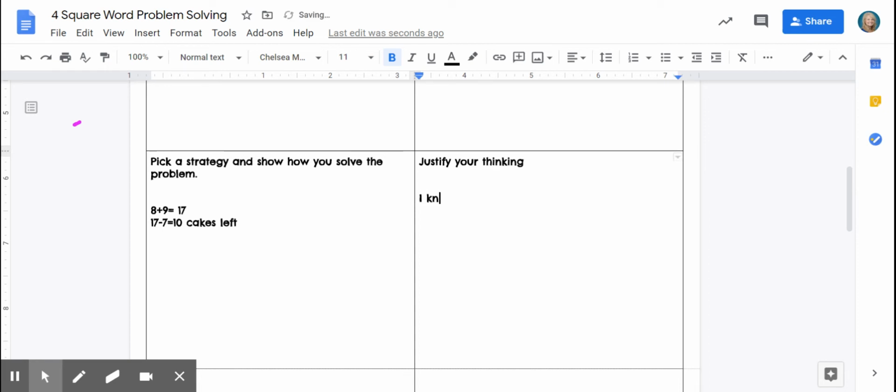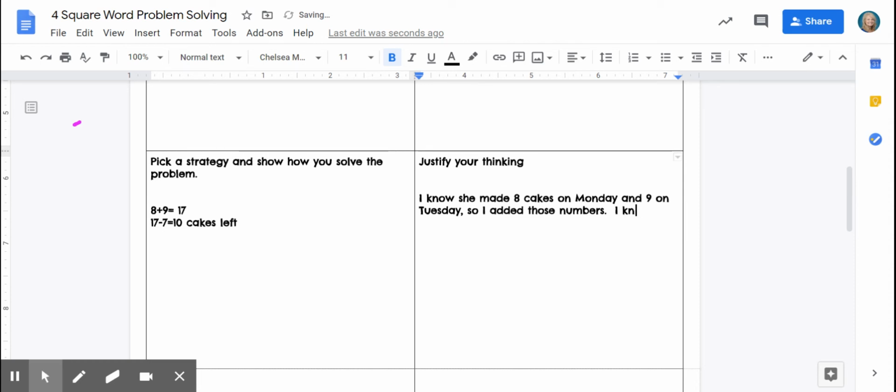Well, I know she made 8 cakes on Monday and 9 on Tuesday. So I added those numbers.